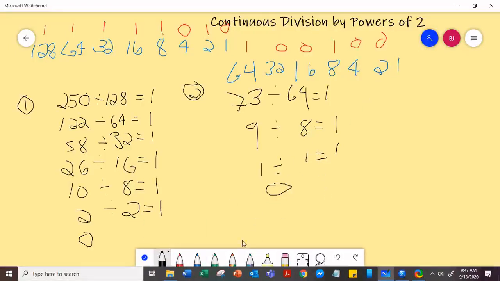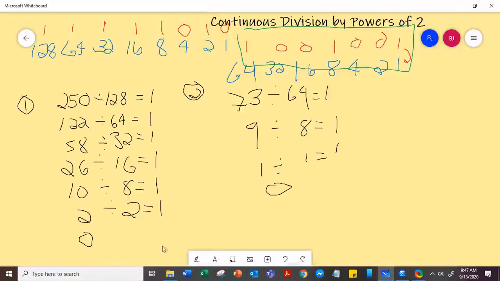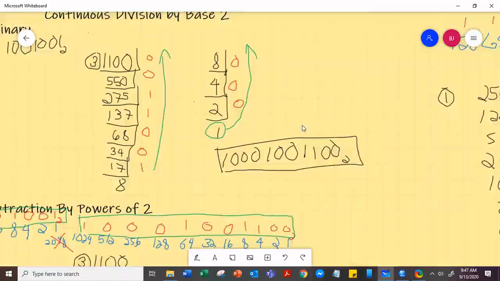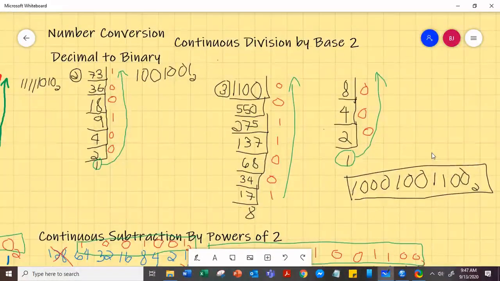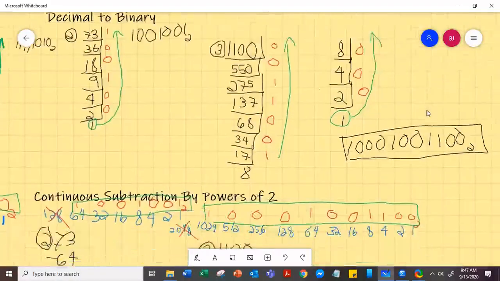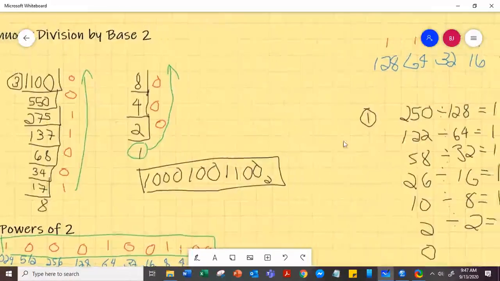So we're able to divide by 1. And this would be our answer: 1 0 0 1 0 0 1 base 2. Let's look here. Yes, it's the same.